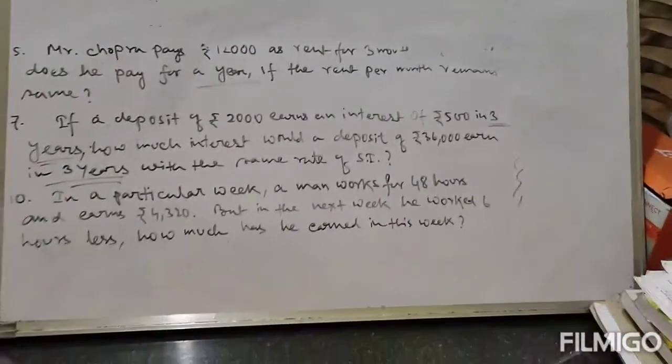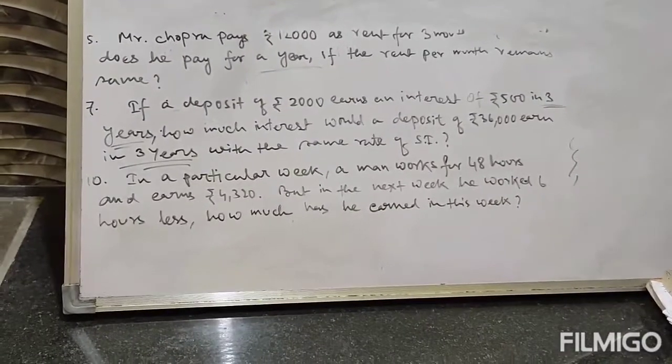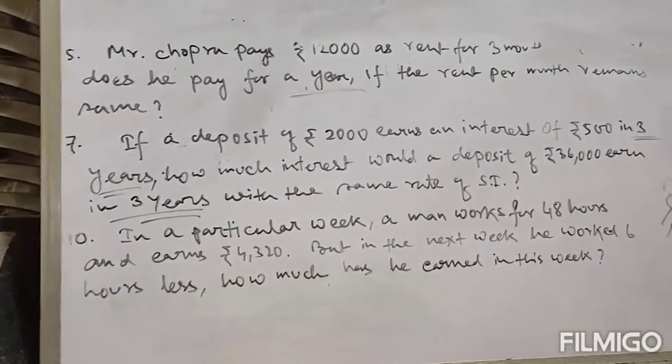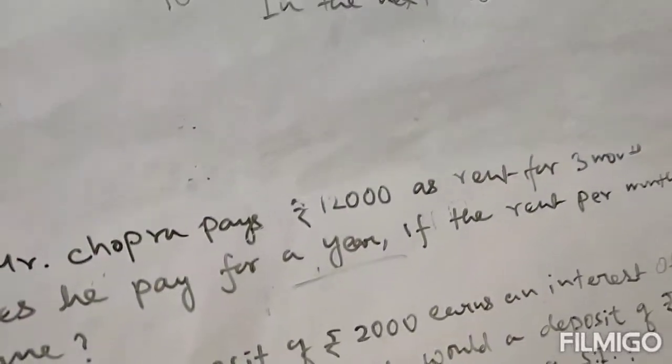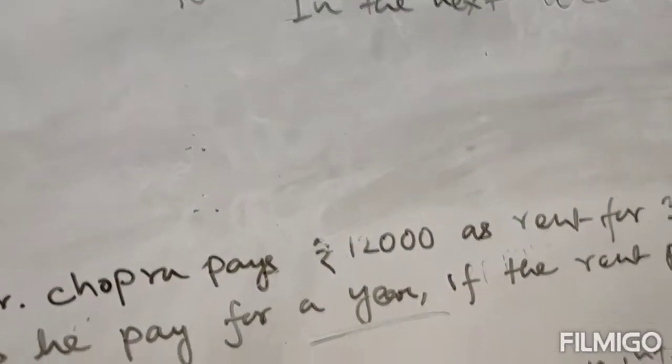That means he will get the payment of 42 hours in the next week. So in 48 hours he earns a payment of rupees 4320. So just write: in 48 hours he earns rupees 4320.